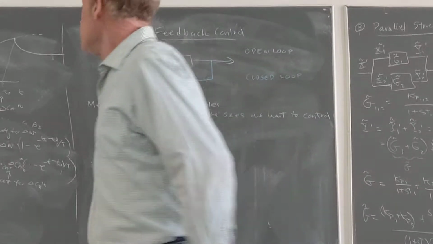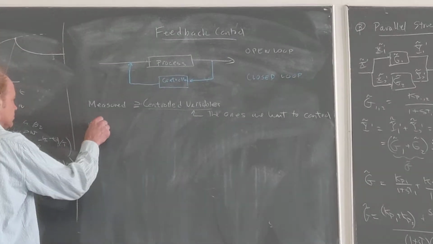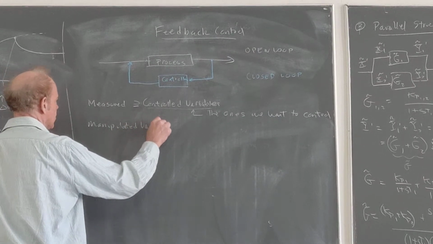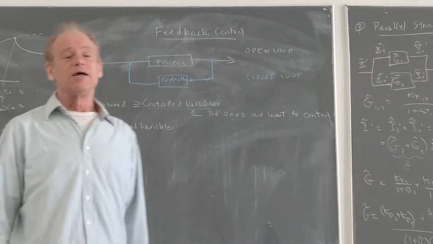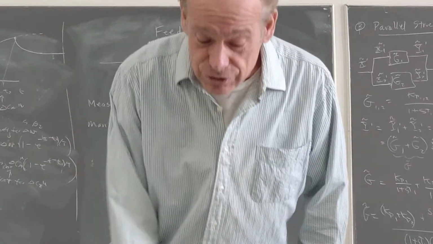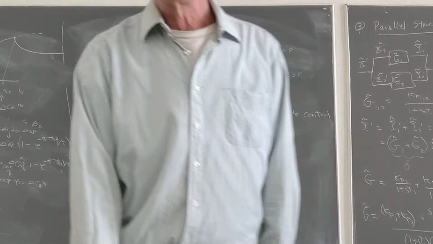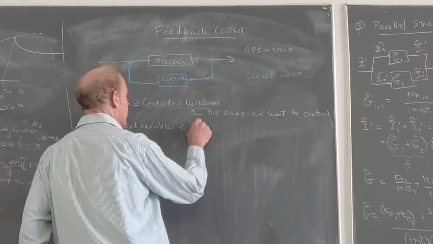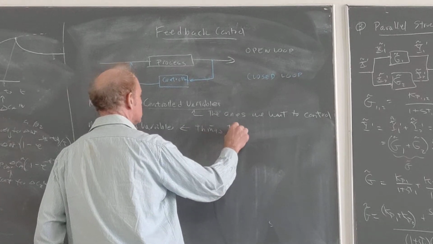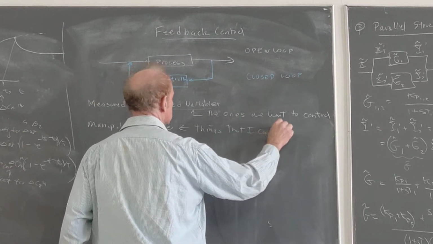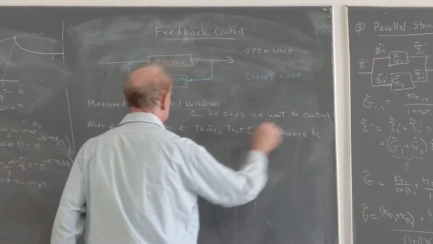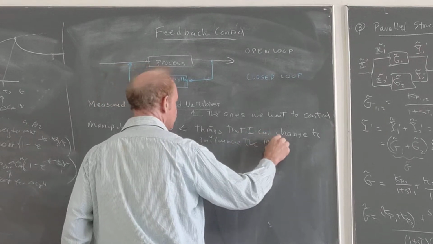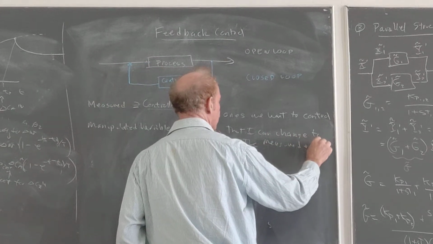Then I also have to choose the manipulated variables. And these are the things that I can change in order to influence the control variable, to influence the measured and control variables.